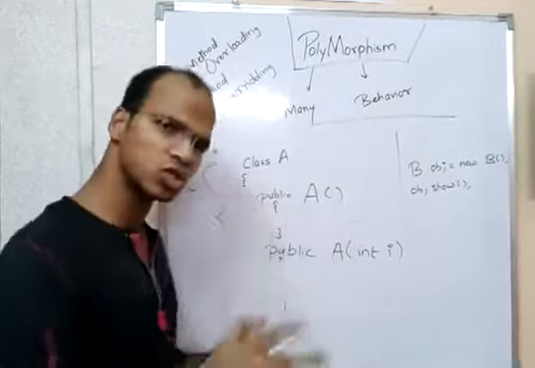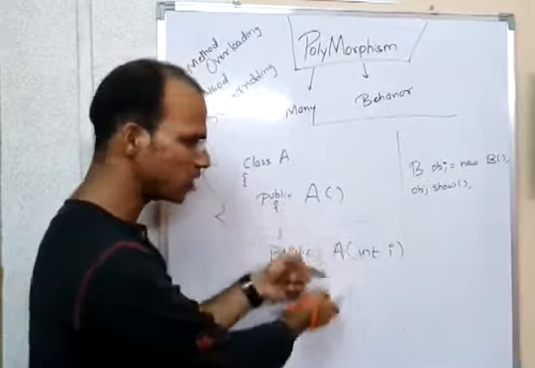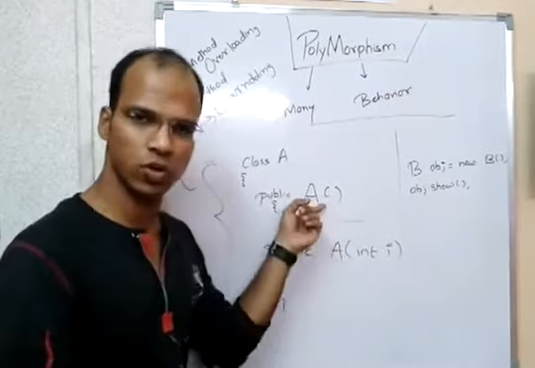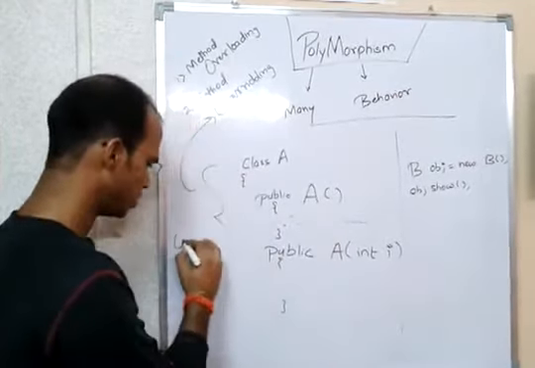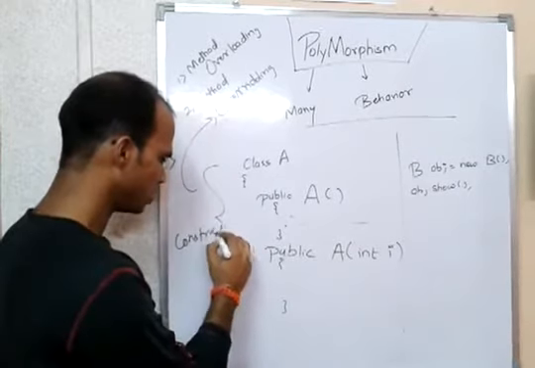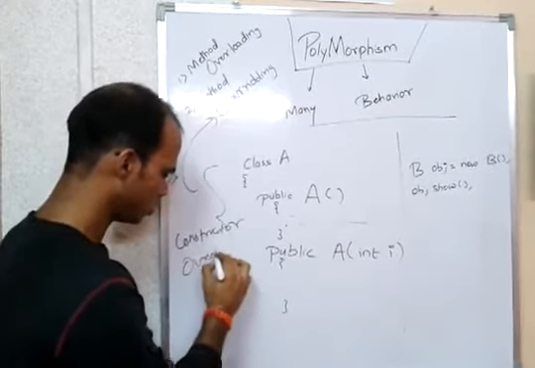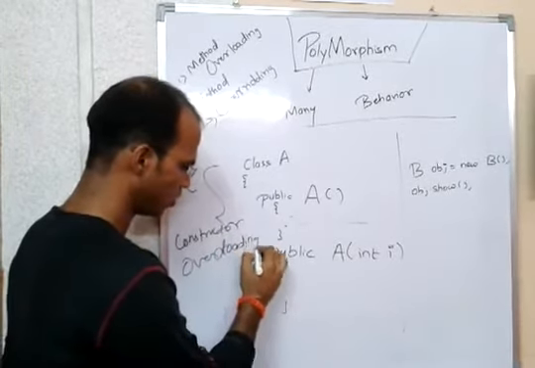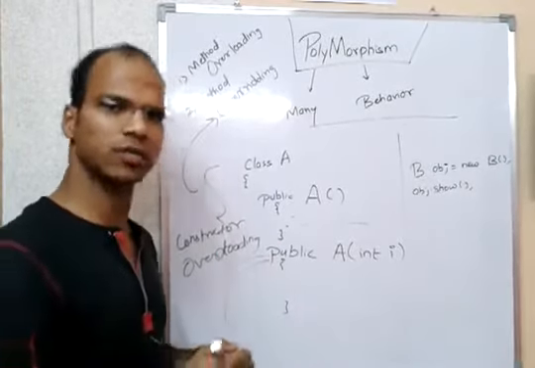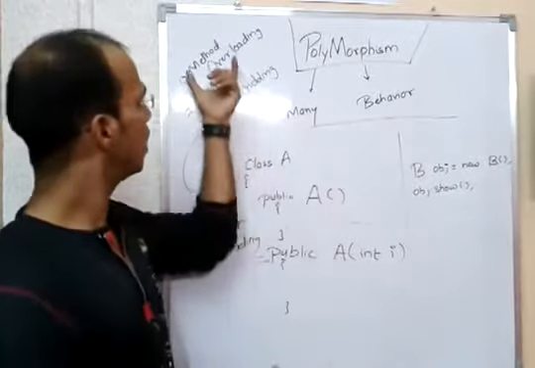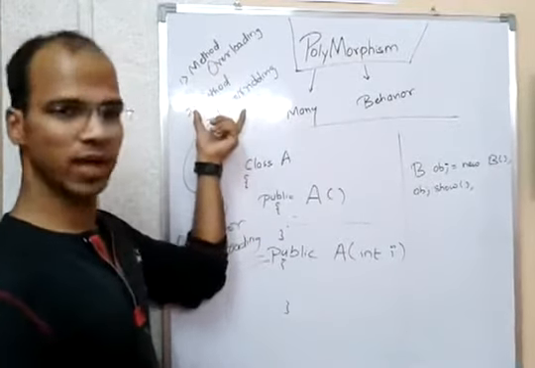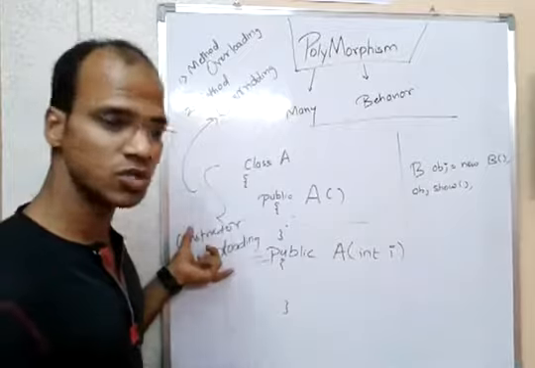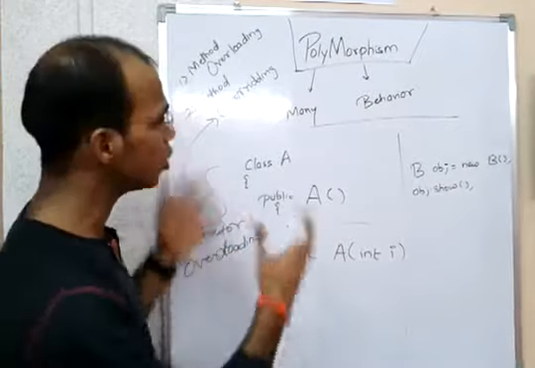Again, constructors are also methods. So when you go for method overloading here, this is constructor overloading, and this concept is called constructor overloading. So in short, in polymorphism you can cover method overloading, method overriding, and constructor overloading. And this is what polymorphism is.